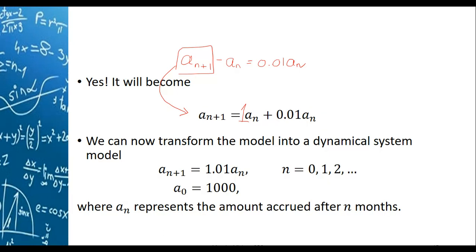In this case, your initial value is 1000. All right, so actually it looks like this: a_{n+1} equal to, let's say, r, I just put one value over here, just a constant, with my initial value. Okay, so this is what a dynamical system looks like.